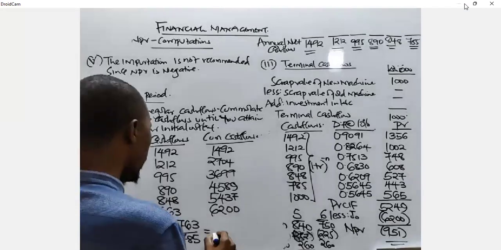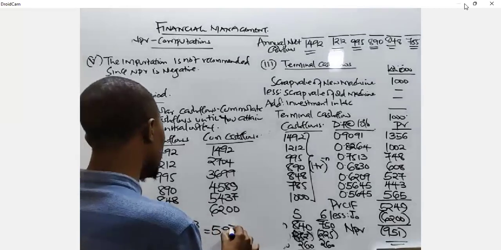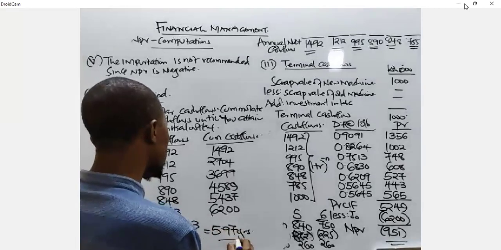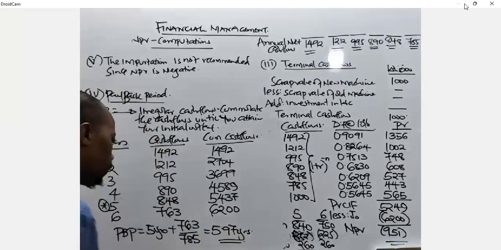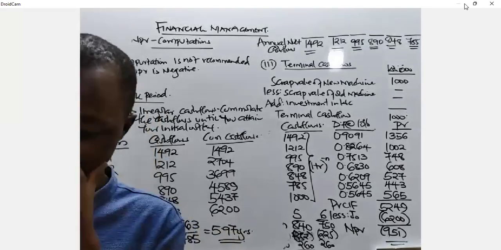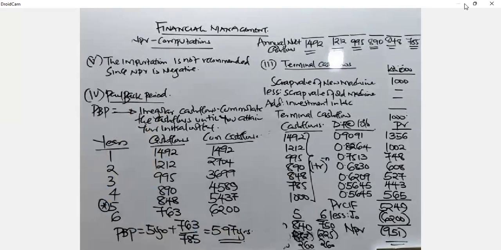So you require 5.97 years. Any question? That is how you do the payback period.